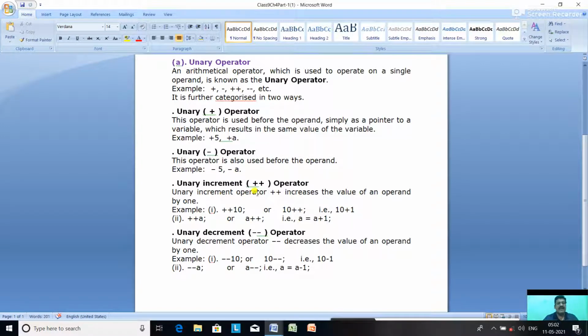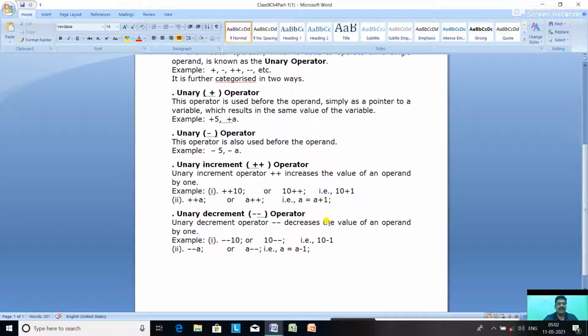Plus plus 10 will become 11, and 10 plus plus will become 11. In the same way we can write plus plus a or a plus plus, meaning a equal to a plus 1.